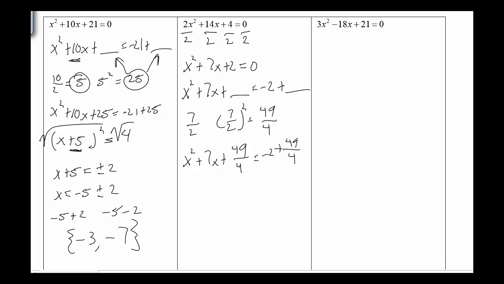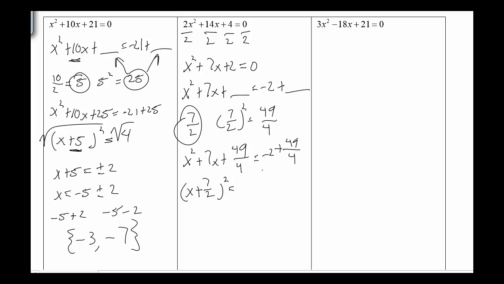Now, on the left side, so we can put that into factored form, we have x plus, remember this number goes in that blank there, so x plus 7 halves. Remember, it's double the product, so if you double 7 halves, you get 7. Square the last, we get 49 fourths, so it works.